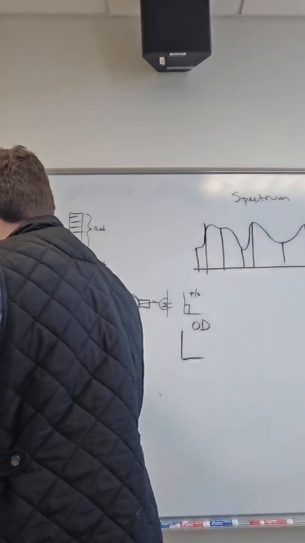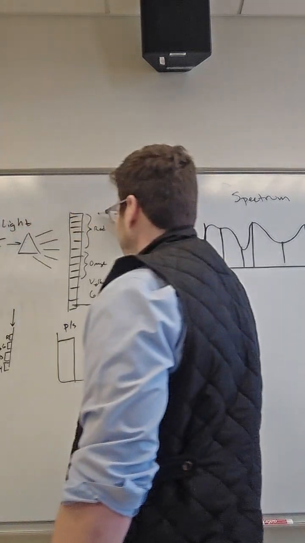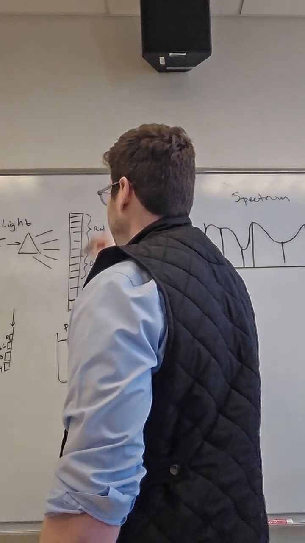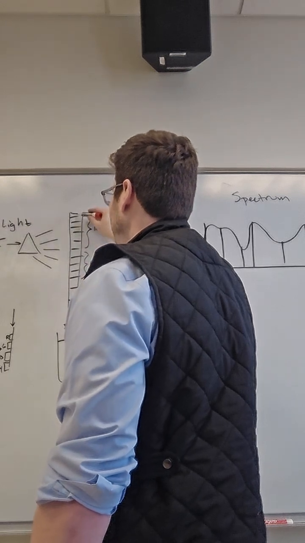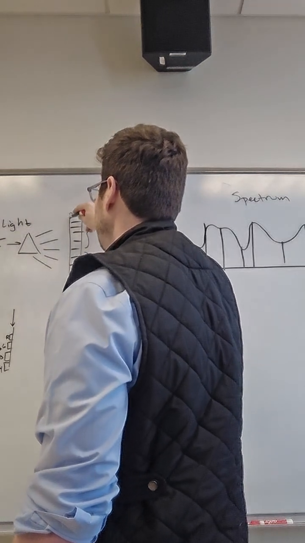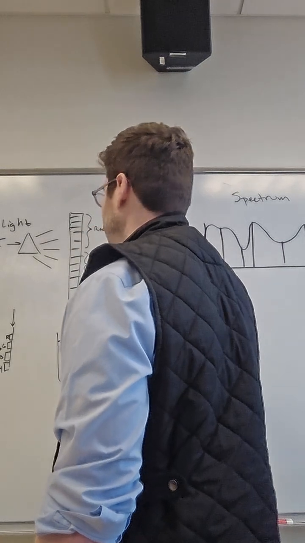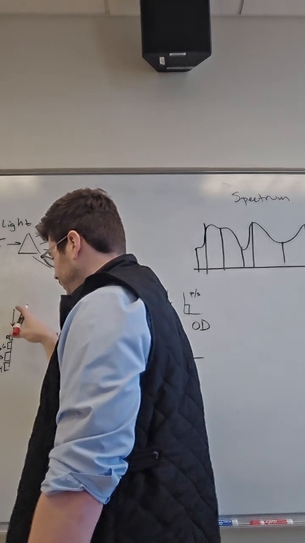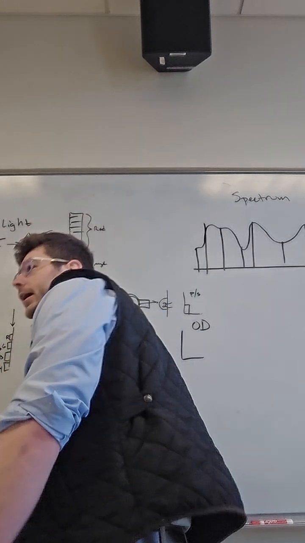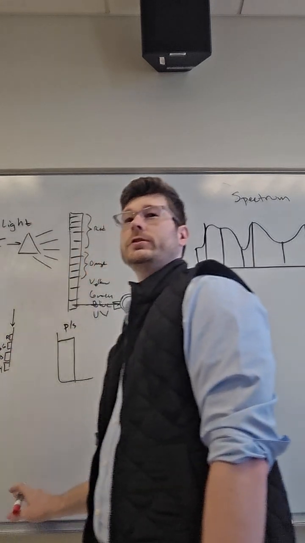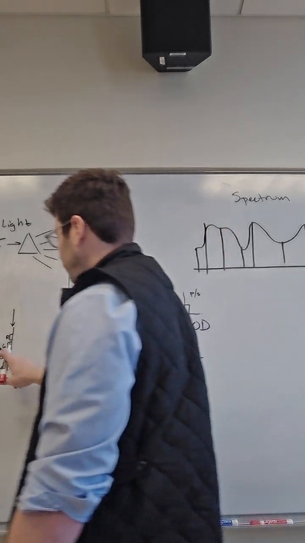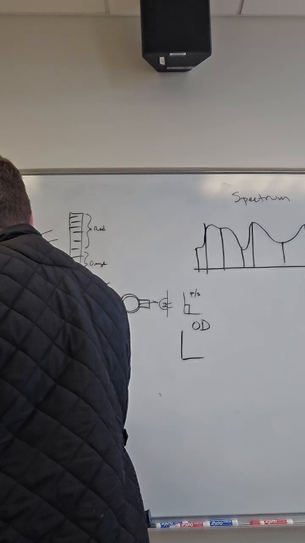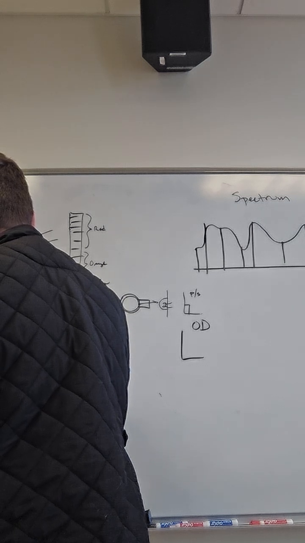Only thing is that we can't really get as good of a spectrum as this. This is actually a continuous spectrum. We could sample this a million times, a million changes in color from red to the UV, a million steps of change. But we can't easily have a million different diodes that are sensitive to a million different frequencies. So instead what we do is we just have three: the red, green, and blue like our eyes see.